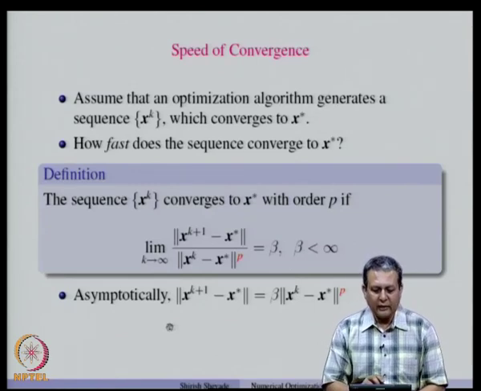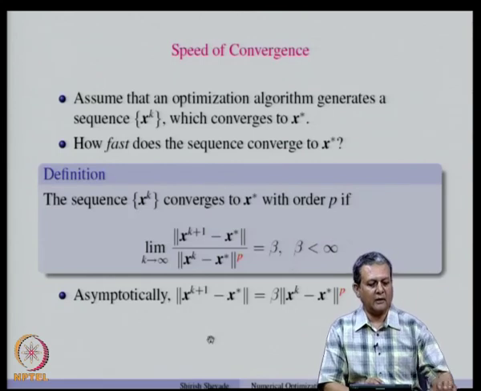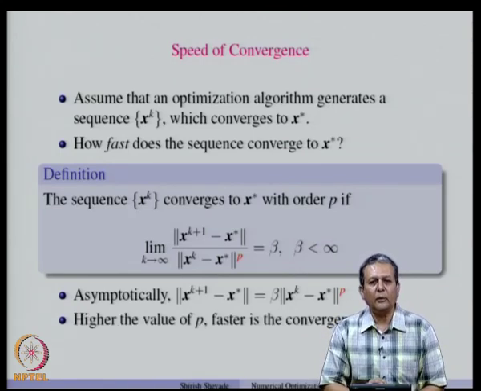Now, asymptotically you can see that the distance between x k plus 1 and x star is beta times the distance between x k and x star to the power p. So, this happens as k increases. Now, the important point to be noted is that if the value of p is higher, then the convergence is faster.